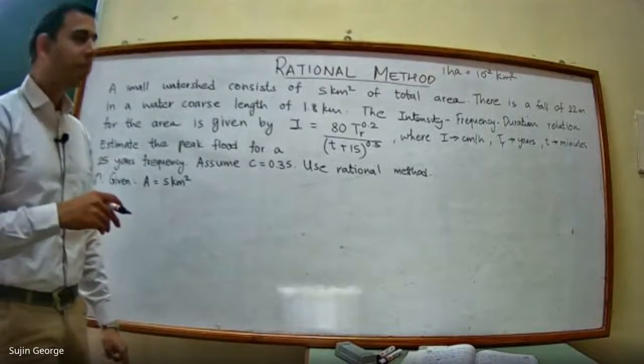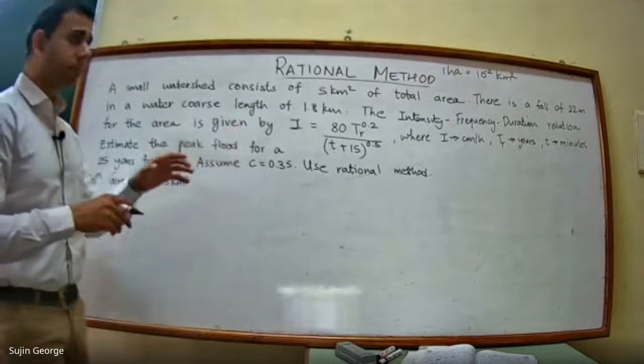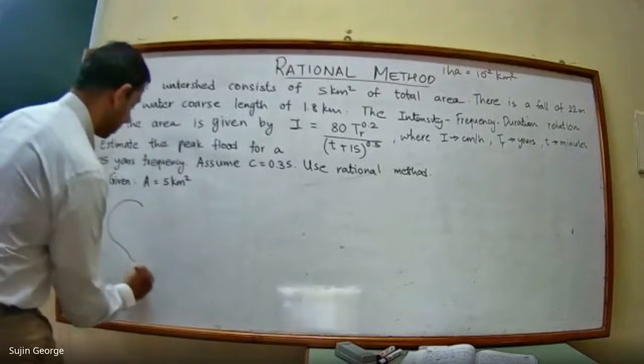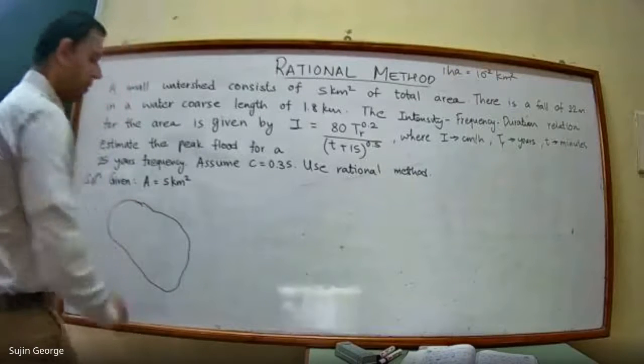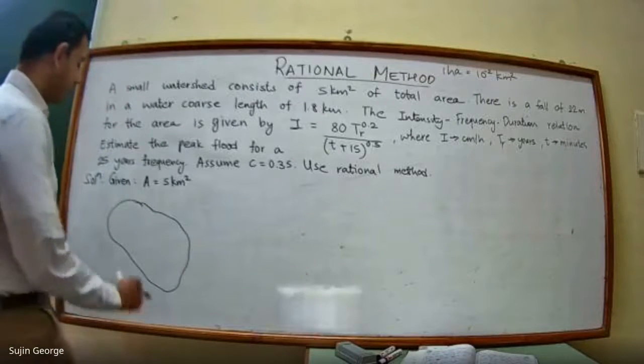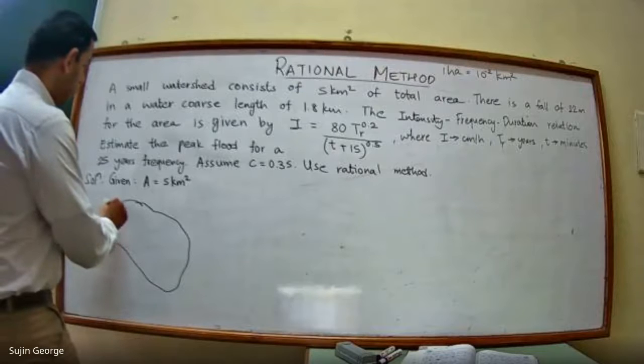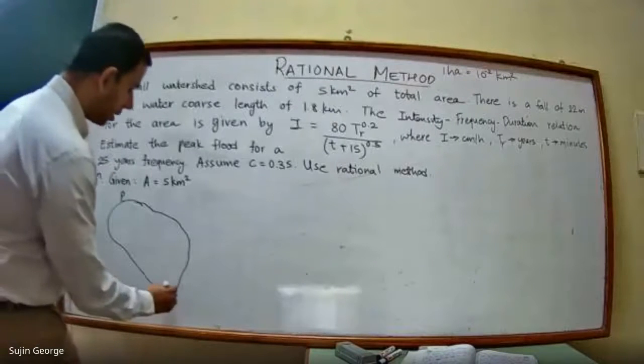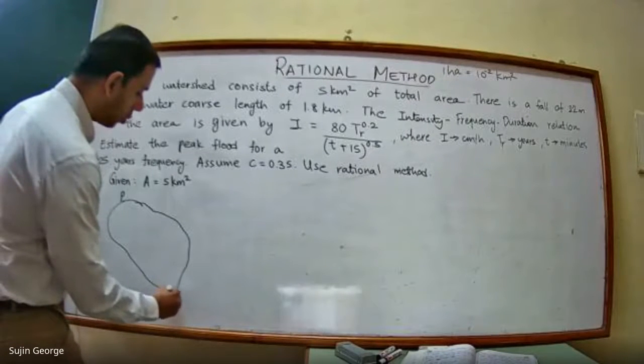What will that mean? This means that, for example, this is the catchment area. This is the most remote point of the catchment area. Suppose this is the most remote point P, and this is the watershed outlet.